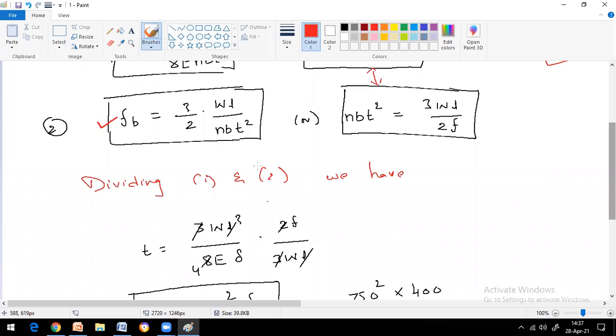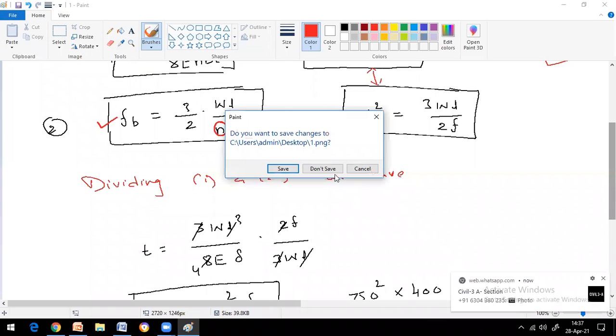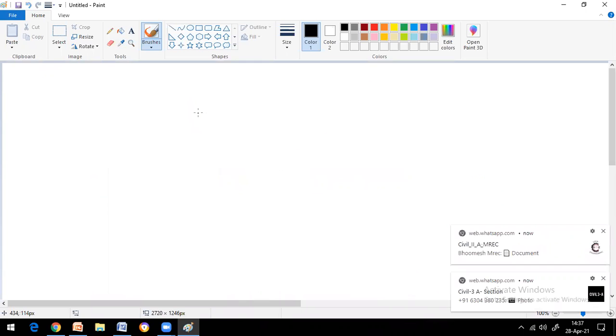After getting your T value and your B value, you can calculate N from this formula. N represents the number of laminated plates which are connected, one by one. Let me go to a new page. So here we try to calculate the number of plates.